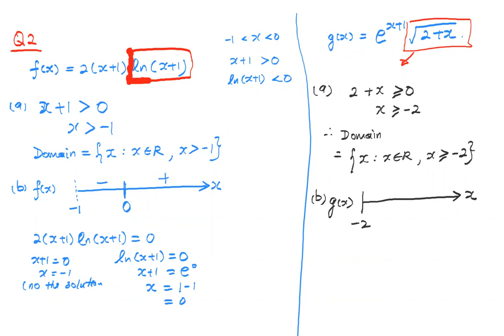That is e to the power x plus 1 times root 2 plus x equal to 0. So e to the power x plus 1 equal to 0. Is it possible for e to the power to be equal to 0? Is it possible? No. No solution here.